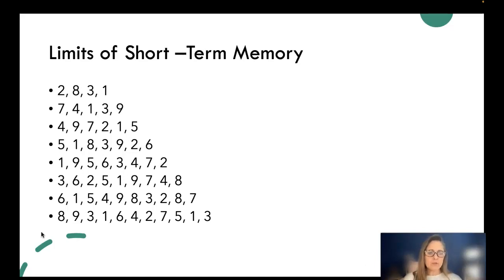And the capacity for short-term memory is what in the early days of information processing theory they used to call the magic number 7, but they have estimated that the capacity for short-term or working memory is about 7 plus or minus 2 items of information.